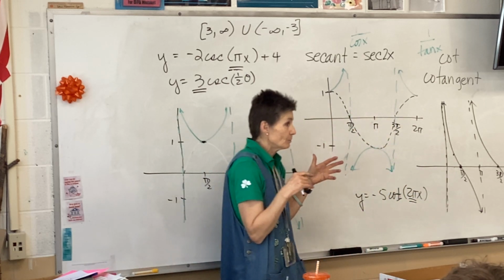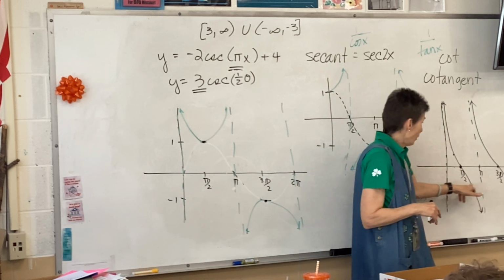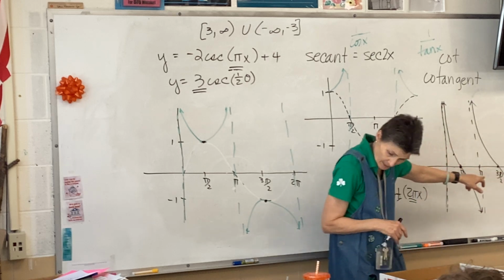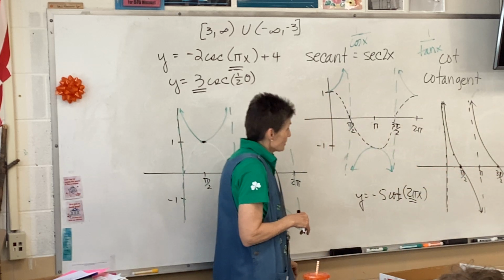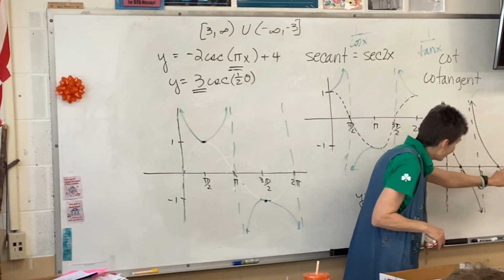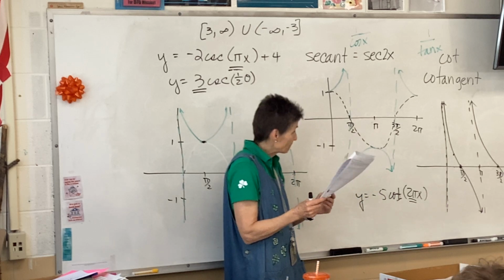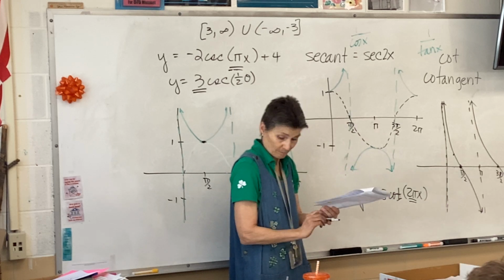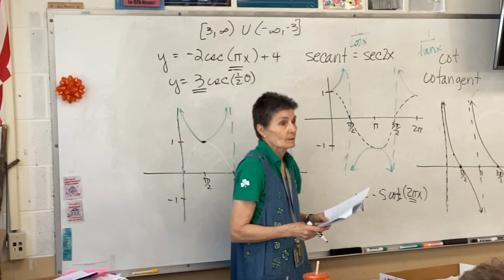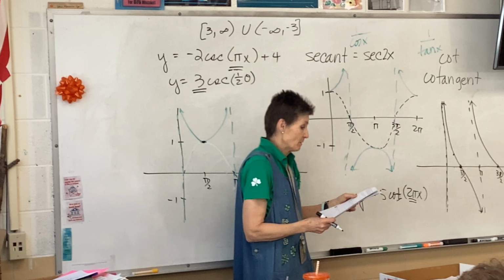And what's it going to do? It's going to divide all of the asymptotes, right? Yep. So 0 divided by 2 pi, pi divided by 2 pi, 2 pi divided by 2 pi. Are any of those numbers in there? 1/2? Is that okay with everybody? See how easy that is?